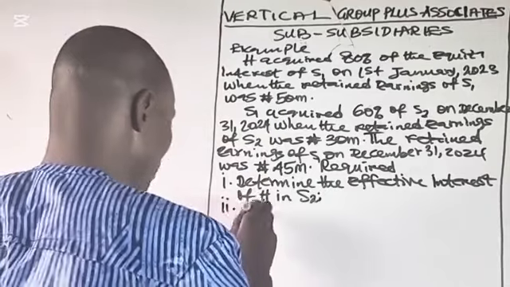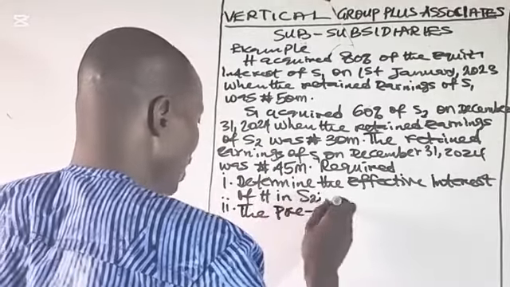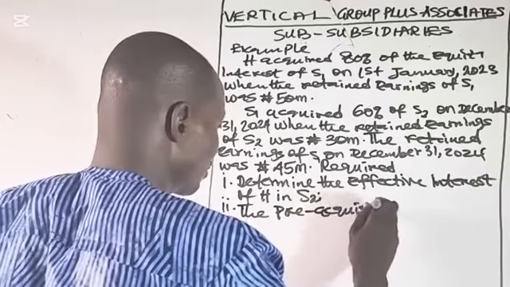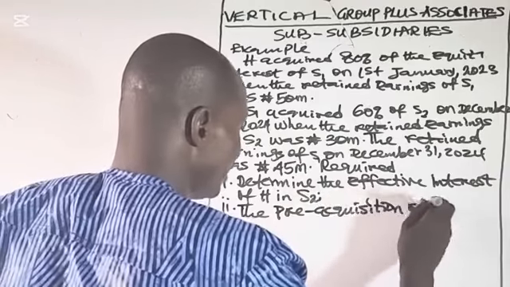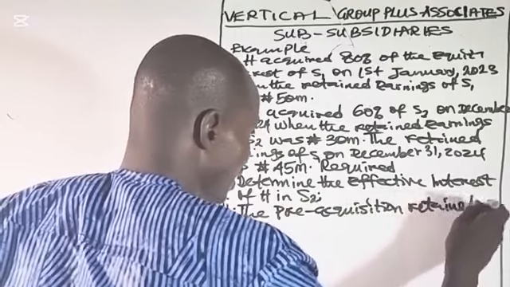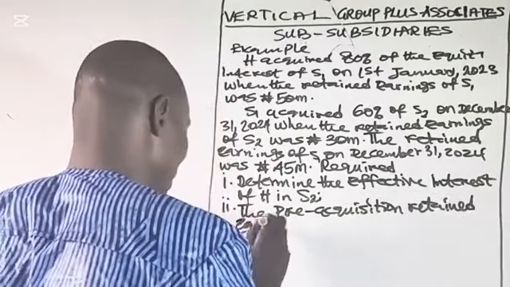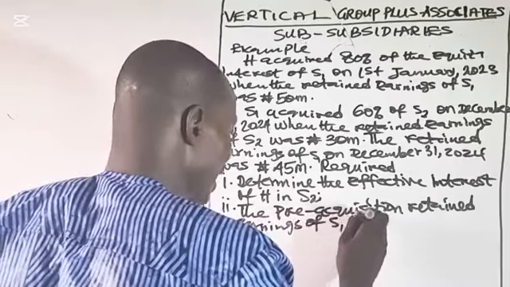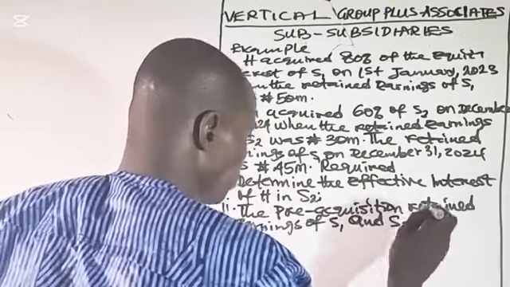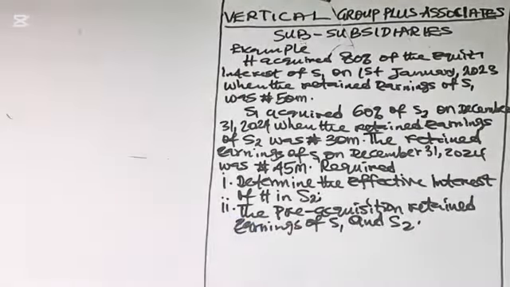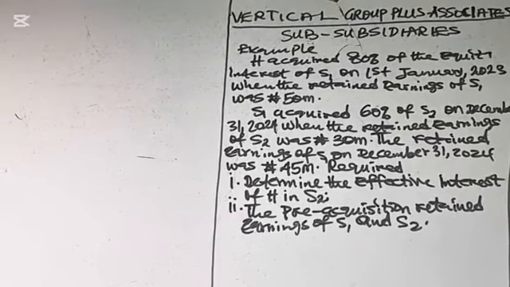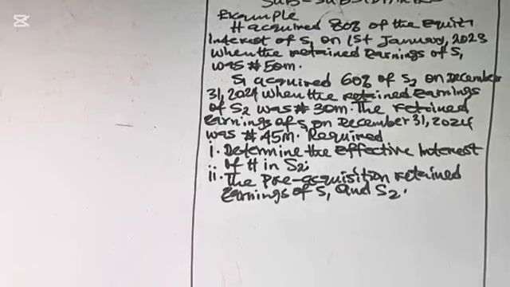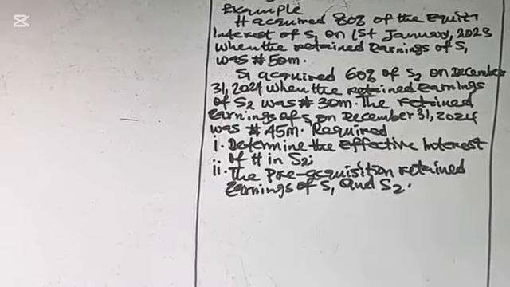The pre-acquisition retained earnings of S1 and S2. Now, suppose you are given this as a question. The first thing is to draw the group structure. That is the starting point.